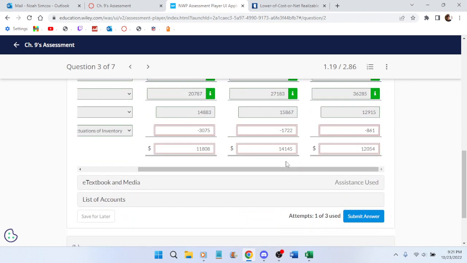I have no clue what I'm supposed to do here.